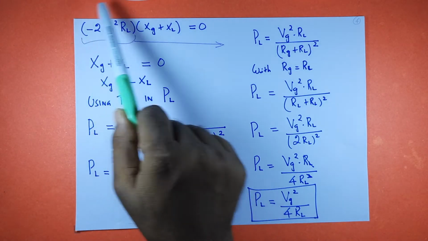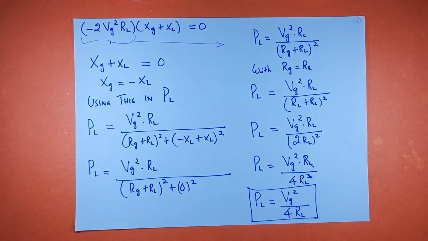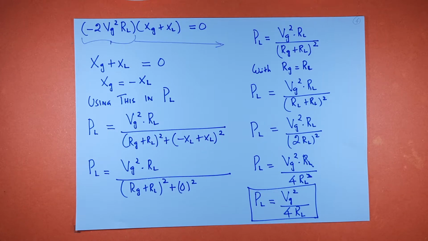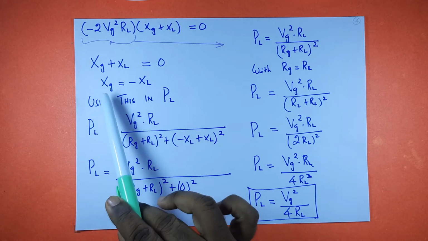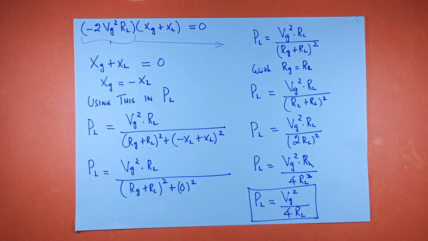Now you take the first term downstairs, so Xg plus XL equals 0 divided by minus 2 Vg square RL. Zero divided by anything is 0. Therefore, we write Xg plus XL equal to 0, so Xg equals minus XL. This is the condition.